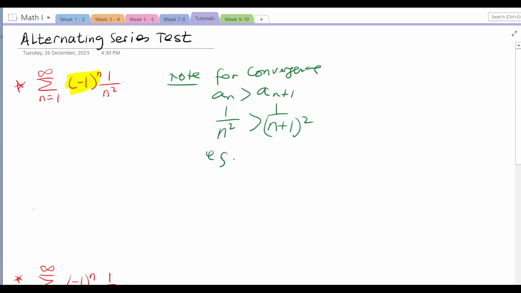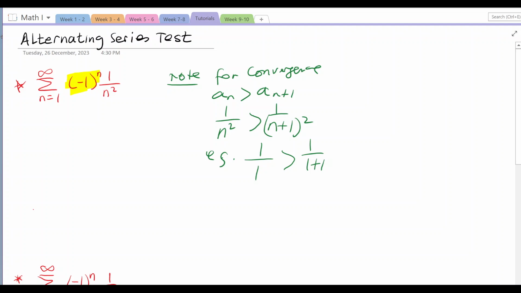For example, if n equals 1, 1 over 1 is 1, greater than the next one, which is 1 over 1 plus 1 squared, so it equals a quarter, or smaller anyway.